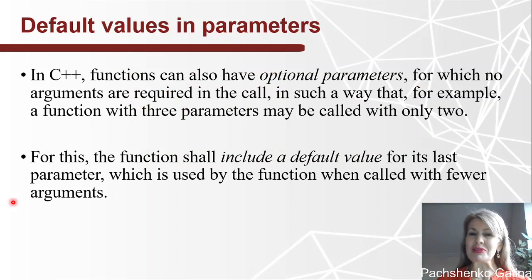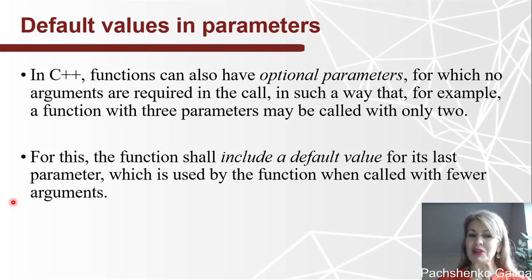Default values in parameters. In C++, functions can also have optional parameters for which no arguments are required in the code, in such a way that, for example, a function with 3 parameters may be called with only 2.